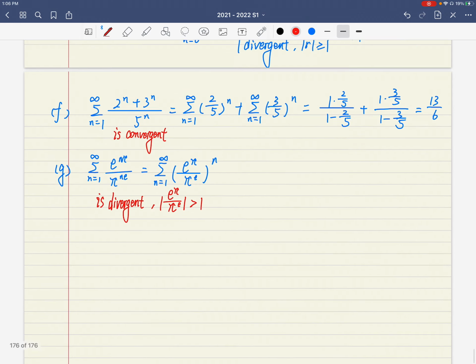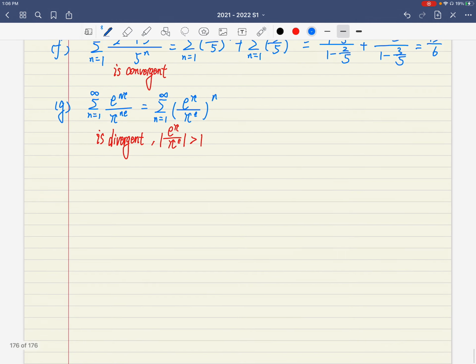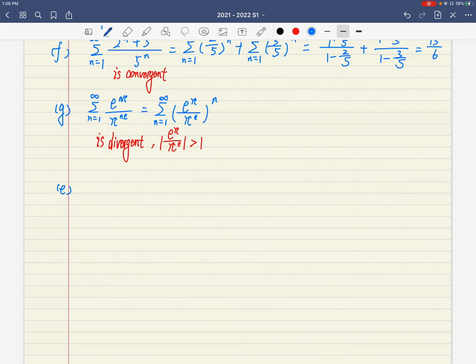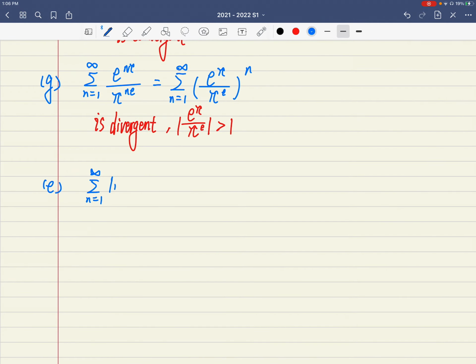So the last question is about part E. It's the series for n from 1 to infinity of ln of 1 over 3 to the power of n. So again, let's use the divergence test. Let's figure out the limit of the sequence.